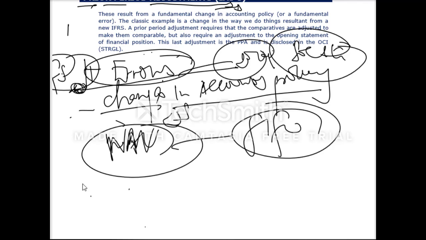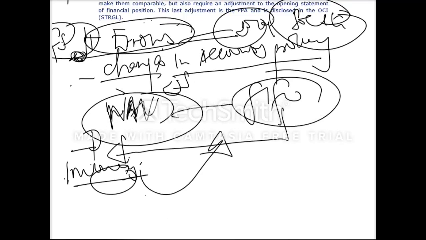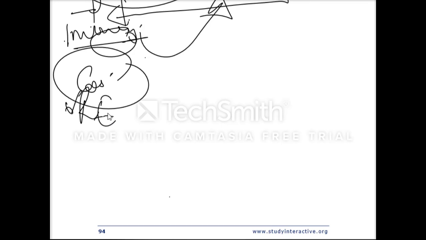So what we do, we go back and apply FIFO on the closing inventory value for last year, and definitely there will be a change in retained earnings, because if there is any change in closing stock, the cost of sales will change, and definitely there will be a change in the profits for last year, and consequently the opening reserves will change, because if there is any change in cost of sales, there will be a change in retained earnings or profits.